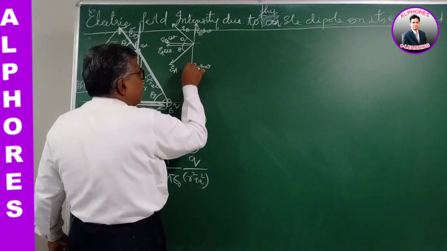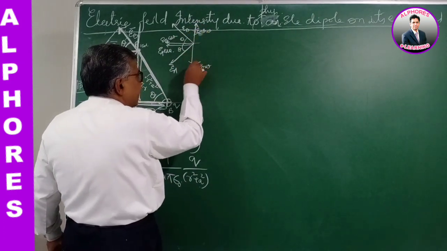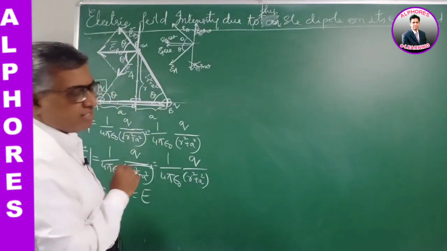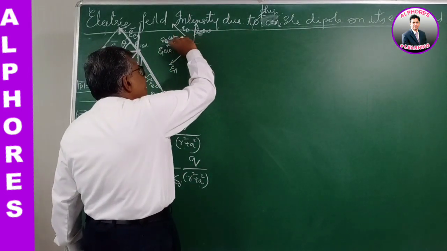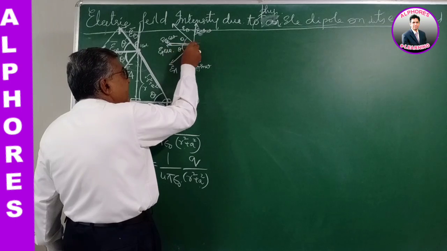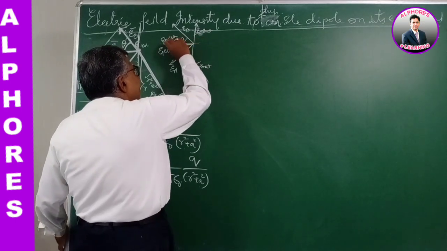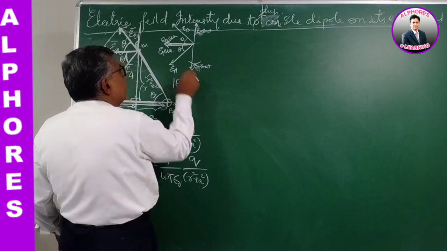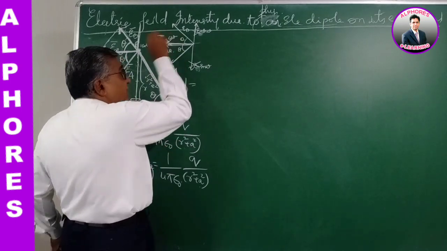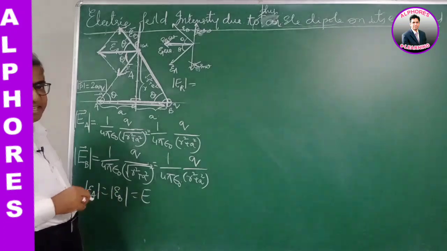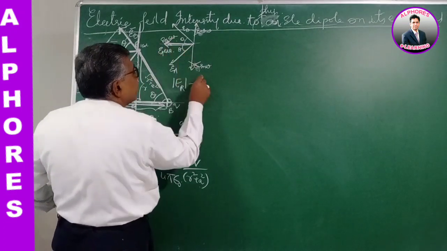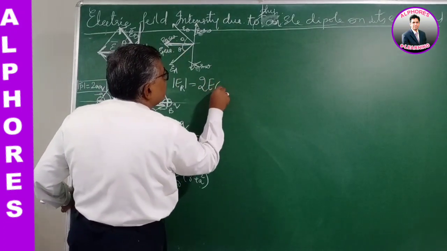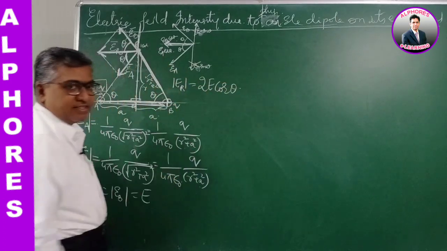Both are equal and opposite, so they cancel one another. Now the resultant is in this direction. So the resultant magnitude, mod ER, is equal to EA cos theta plus EB cos theta. But EA and EB both are the same, so this is E cos theta plus E cos theta. I can write it as 2E cos theta.